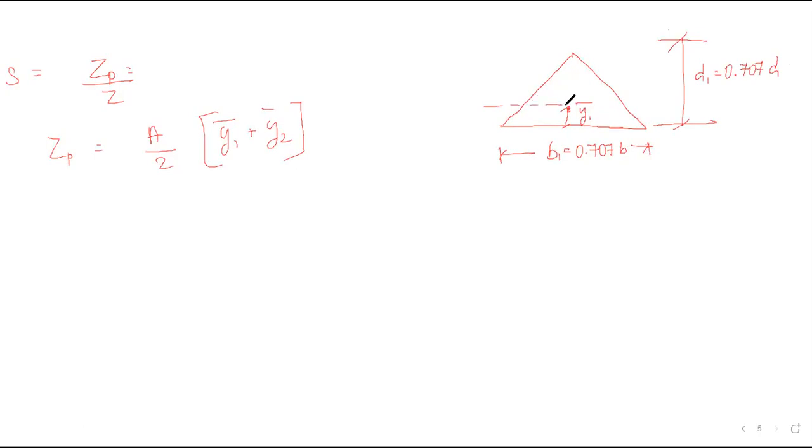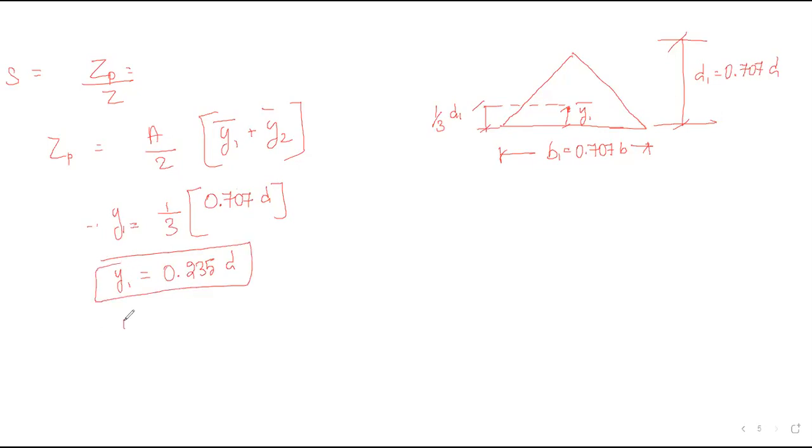So Y1 bar, I already said with respect to this shape, is 1/3 of D1. Therefore Y1 bar is equal to 1/3 of D1. So D1 is equal to 0.707 times D. So 0.707 divided by 3 becomes 0.235 times D.